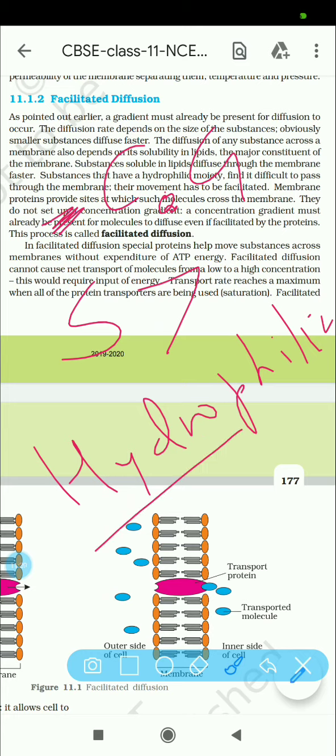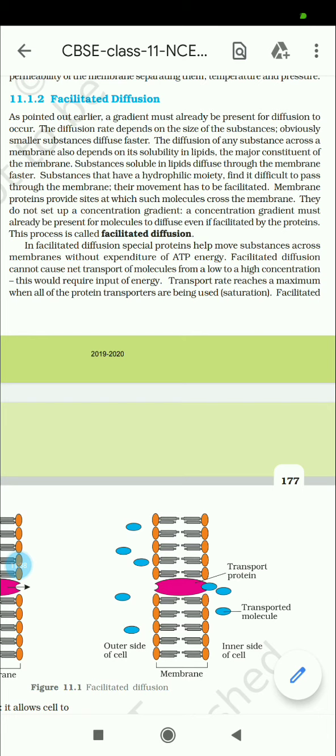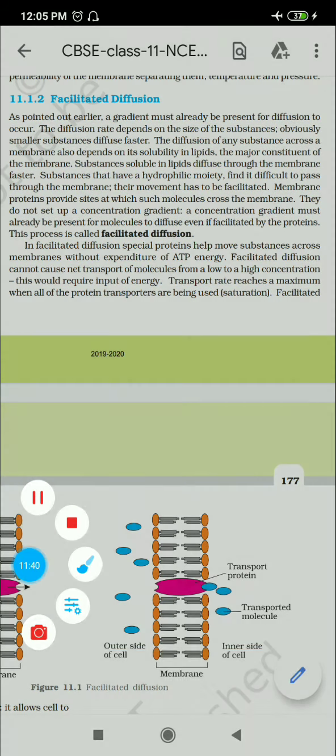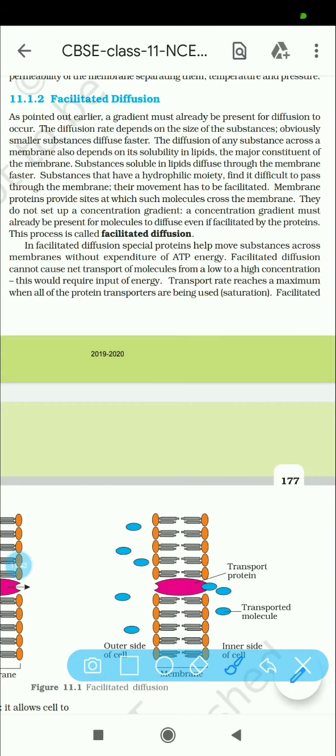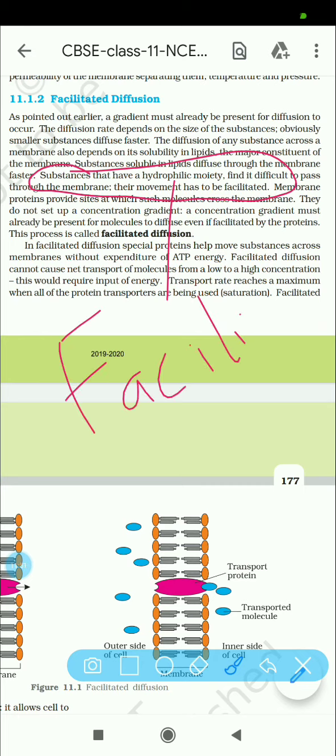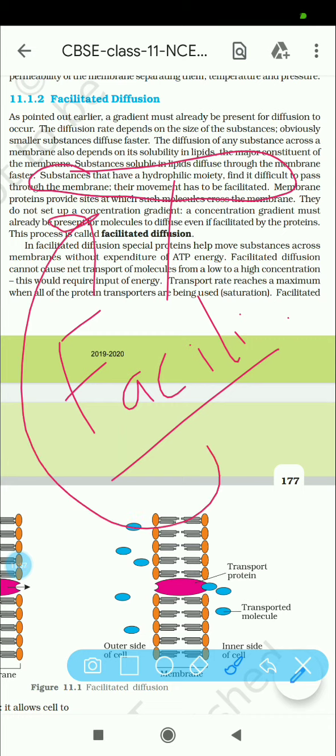So the movement of these hydrophilic compounds needs to be facilitated, and for that we need facilitated diffusion. Now how will this movement be facilitated?